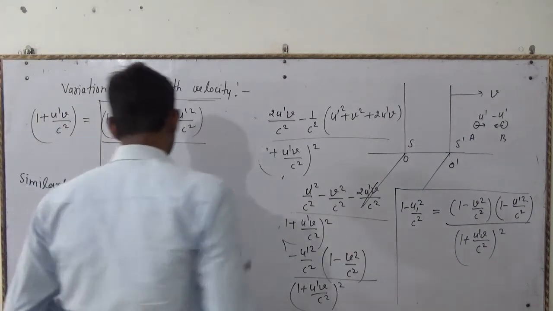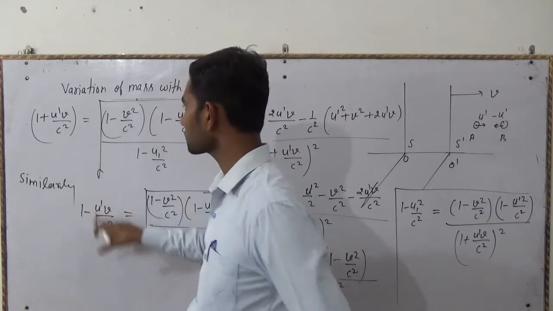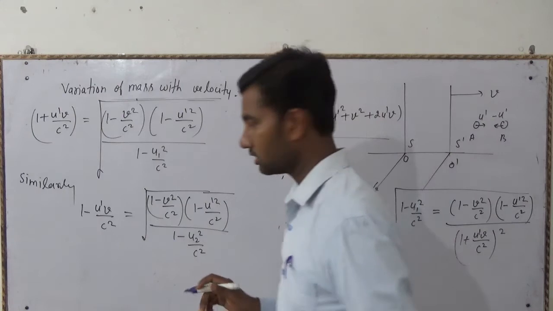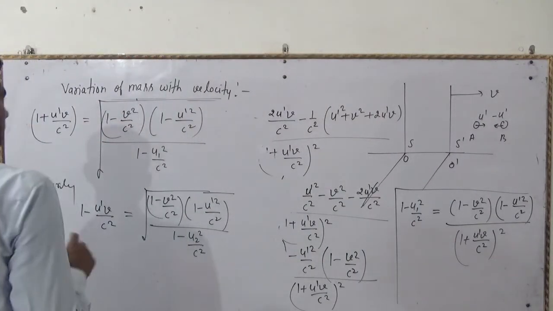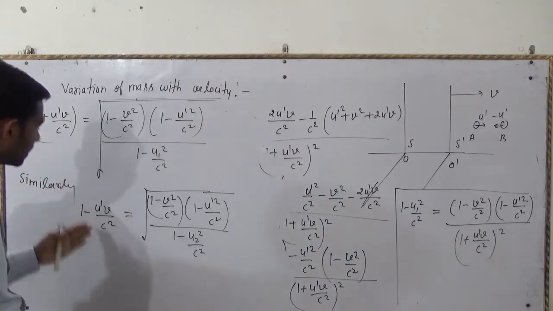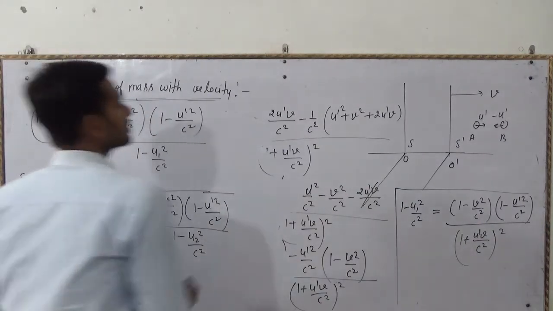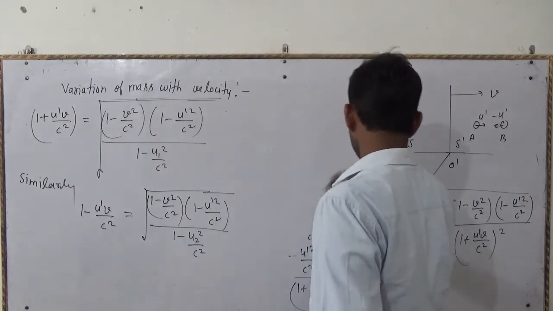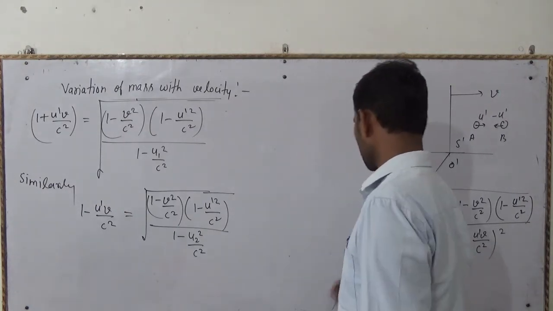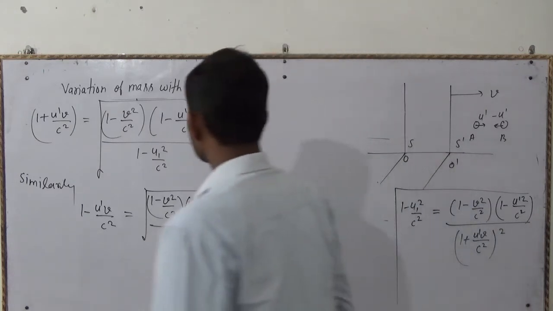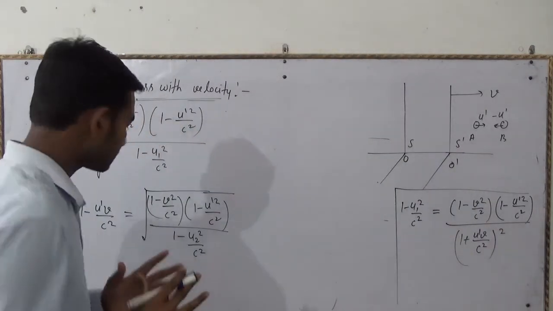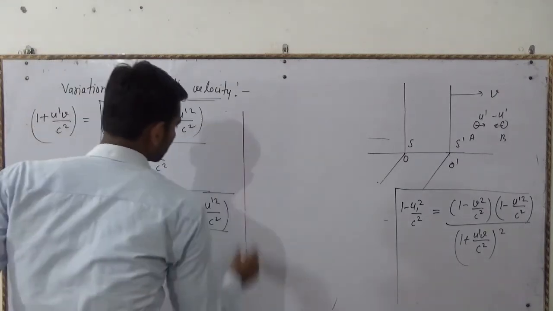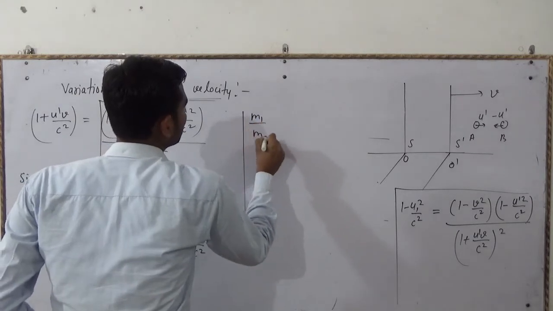Here we have found both the terms, 1 plus u dash v by c square and 1 minus u dash v by c square. After placing the values of both these terms in the equation, m1 by m2 is equal to 1 plus u dash v by c square upon 1 minus u dash v by c square, we will find the ratio of m1 by m2.